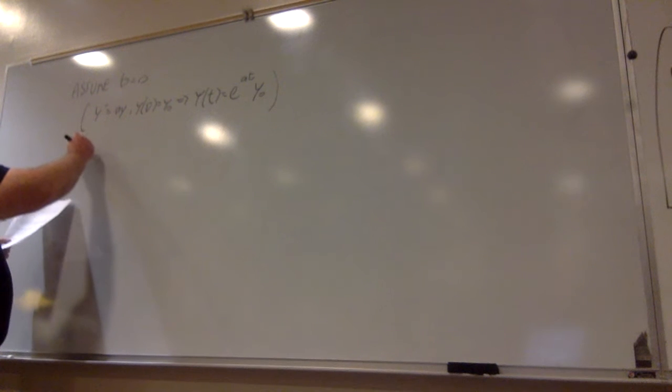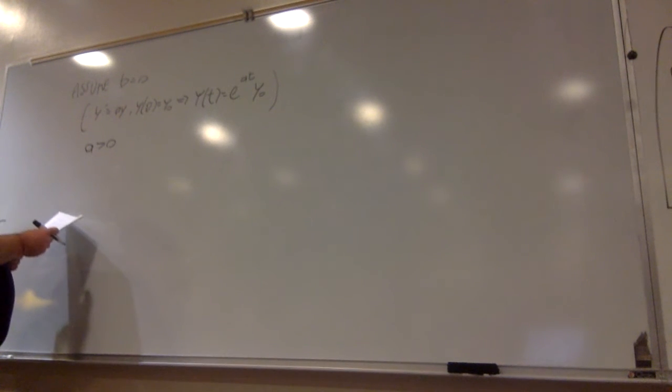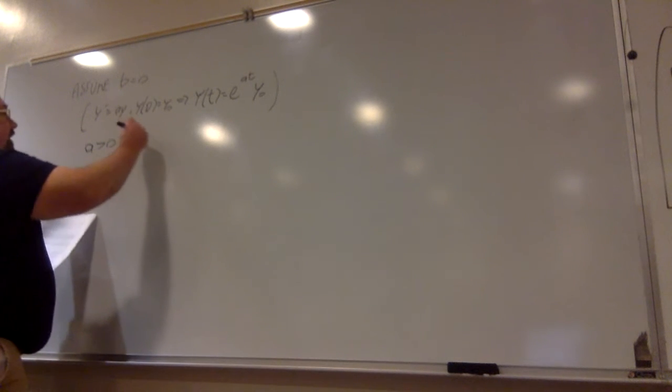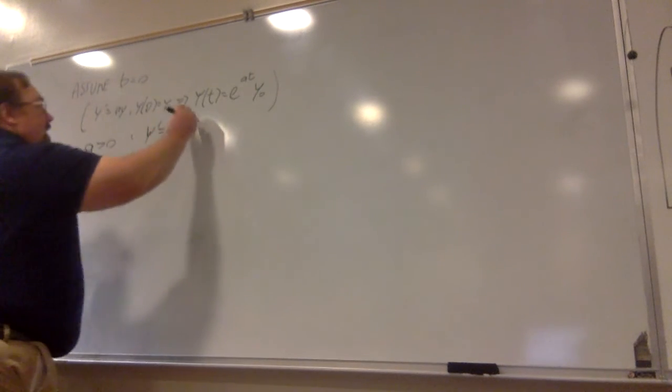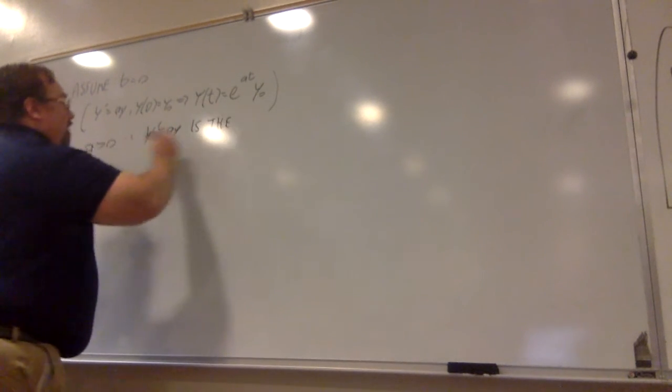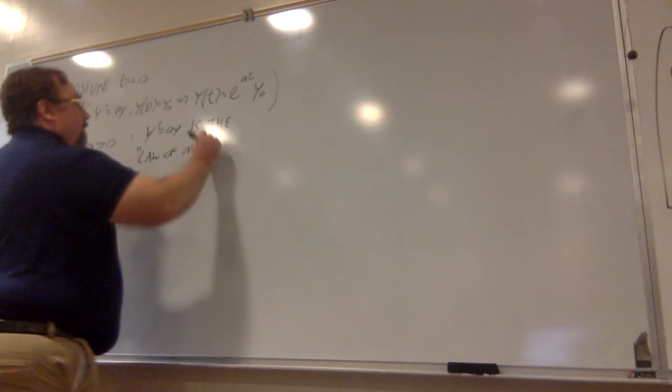So in this situation, if A is positive, then we have this DE, y prime equals AY, which is called the law of natural growth.